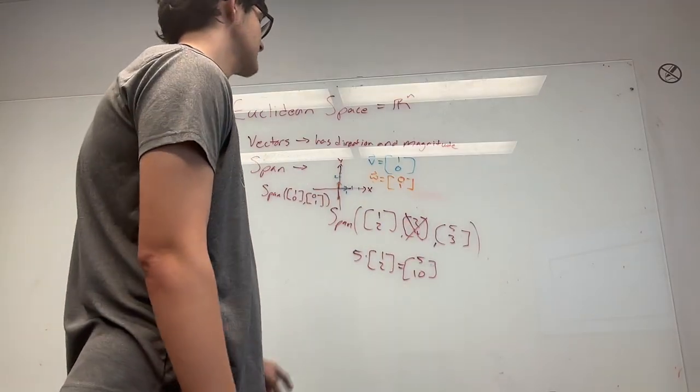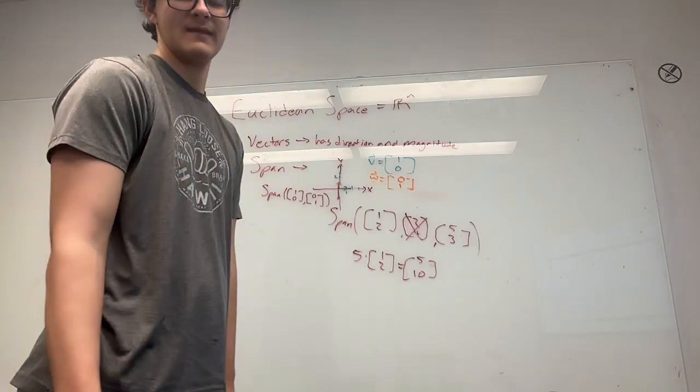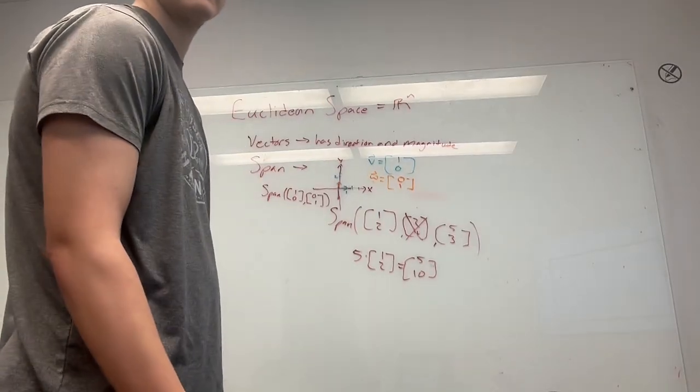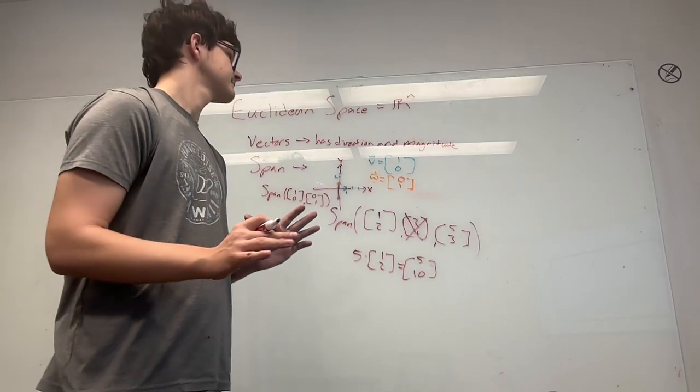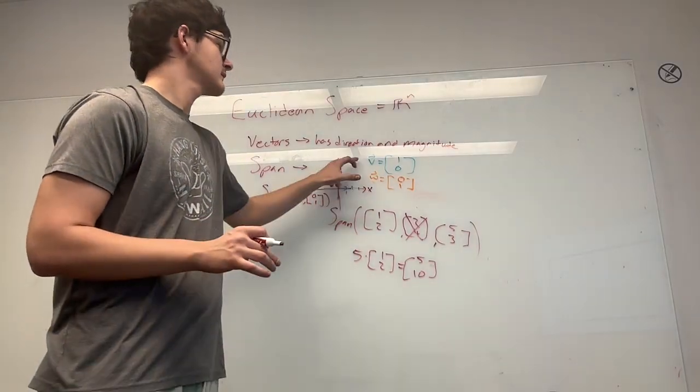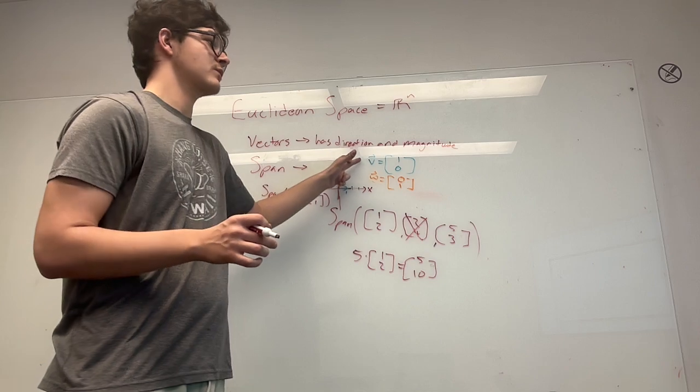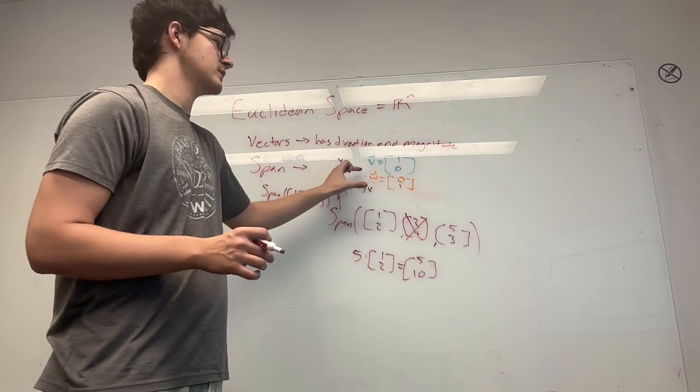And a rule of thumb is if you have 2 independent vectors in R2, they span everything. And you might ask why. Well, V and W, that's all we need, right? We just need one to be (1, 0) and one to be (0, 1).